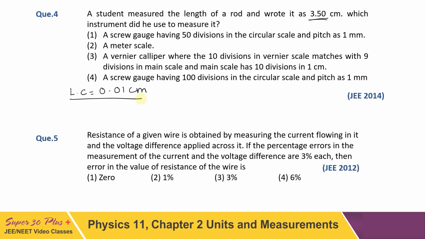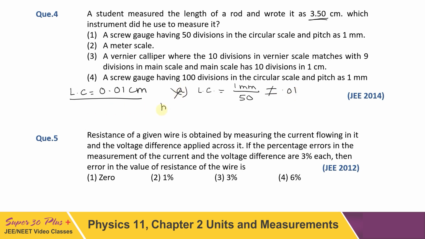Let us start with the first option. This is a screw gauge having 50 divisions on the circular scale and pitch is 1 mm. So least count would be pitch upon number of divisions on circular scale, which is 50. This won't be equal to 0.01. So this option is not correct.